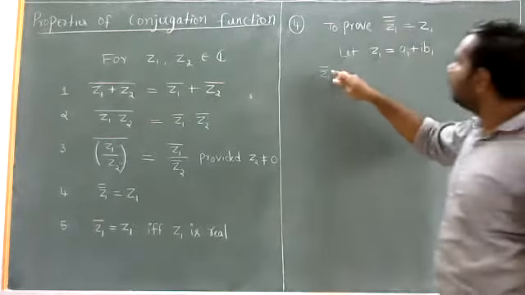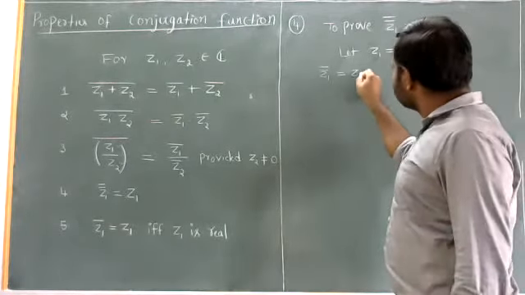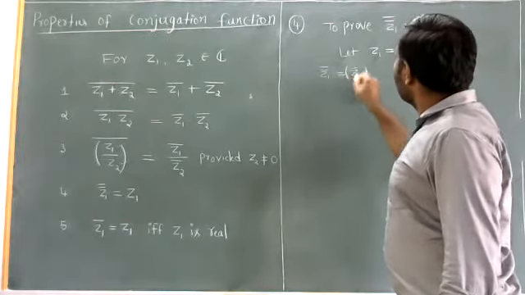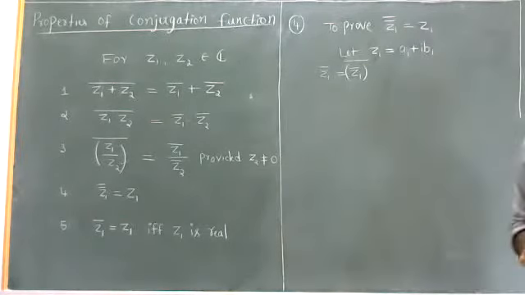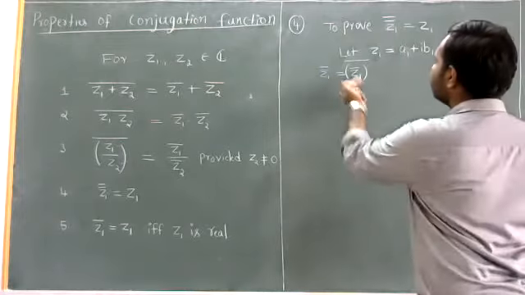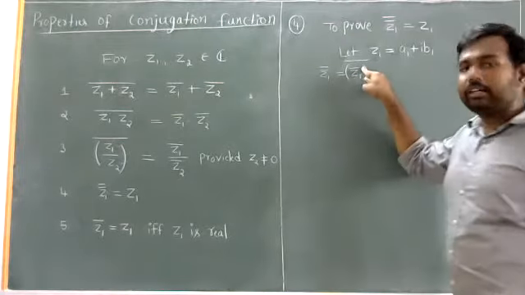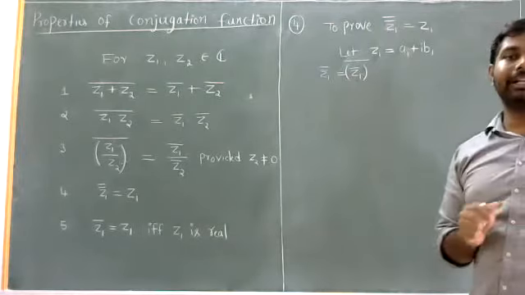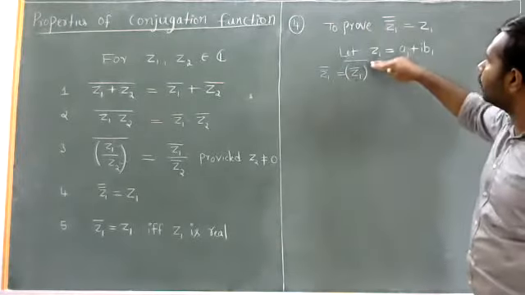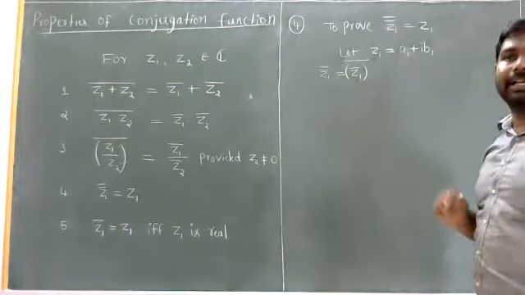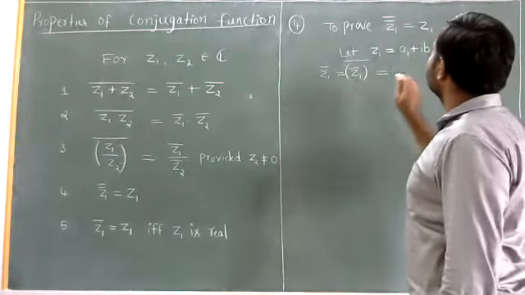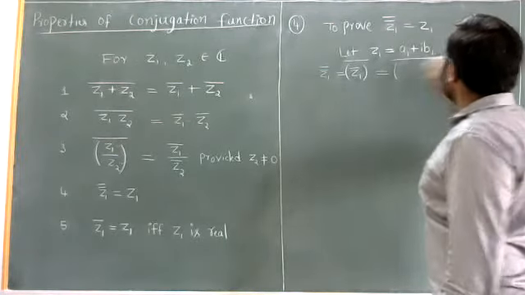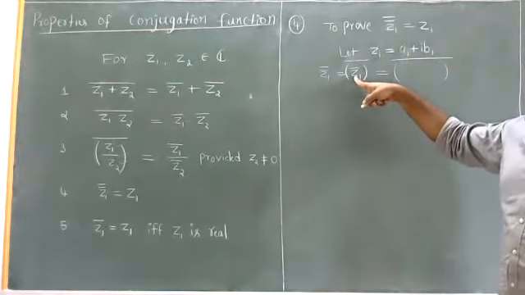Double bar means Z1 bar whole bar. Z1 bar is the conjugate of Z1, which will again be a complex number. Again, you have to apply the conjugate to that complex number.